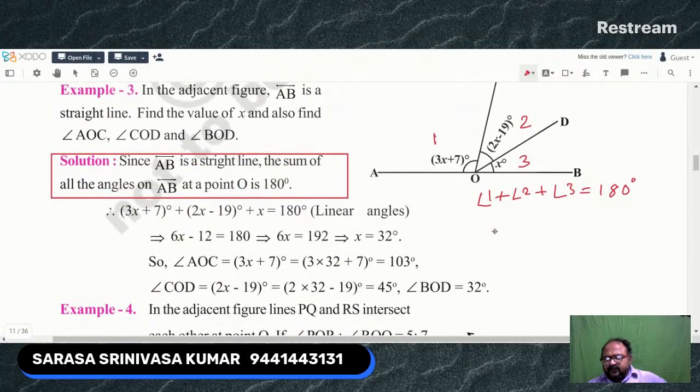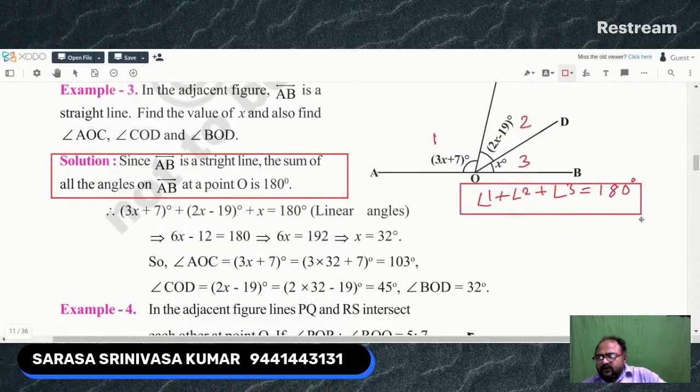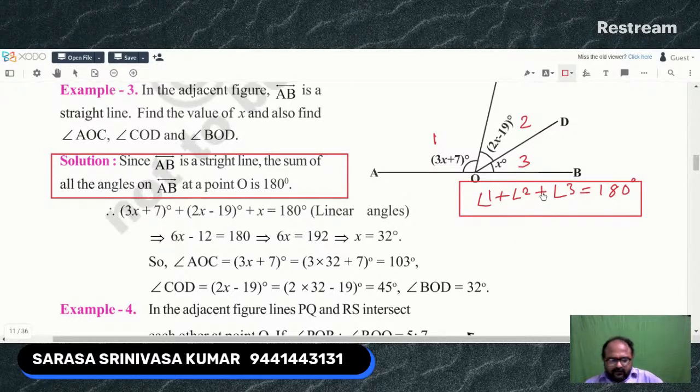So the sum of three angles form a straight angle, that is 180 degrees. So if you understand this concept, the three angles form a straight angle. Since the three angles form a straight angle, we can write angle 1 plus angle 2 plus angle 3 equal to 180 degrees.